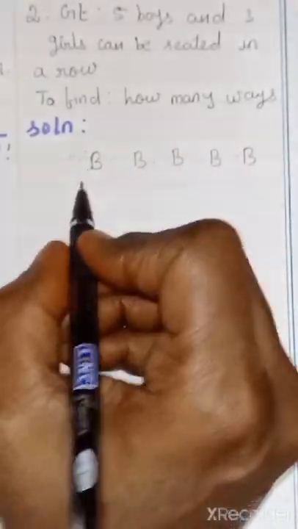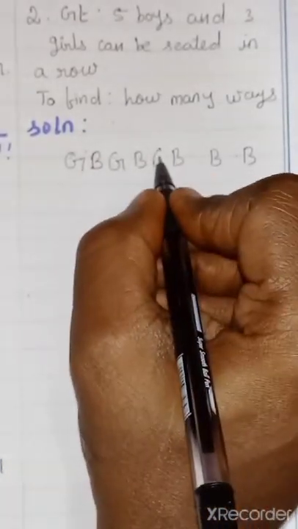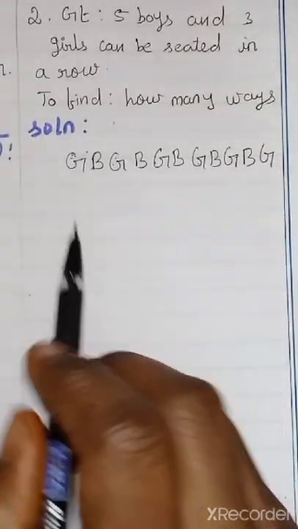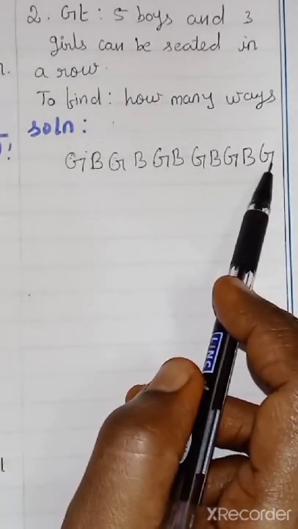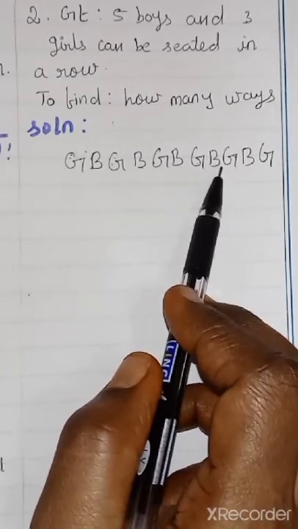Correct? So what are the possibilities? Either they can sit here or here or here or here, so how many places can they sit? 1 2 3 4 5 6. Is that clear? And boys 1 2 3 4 5.